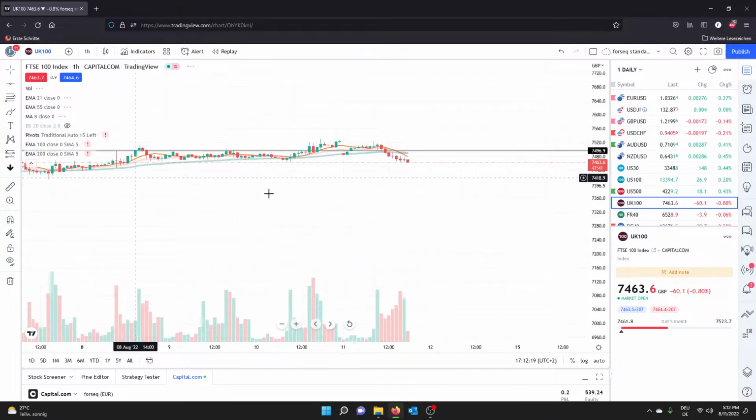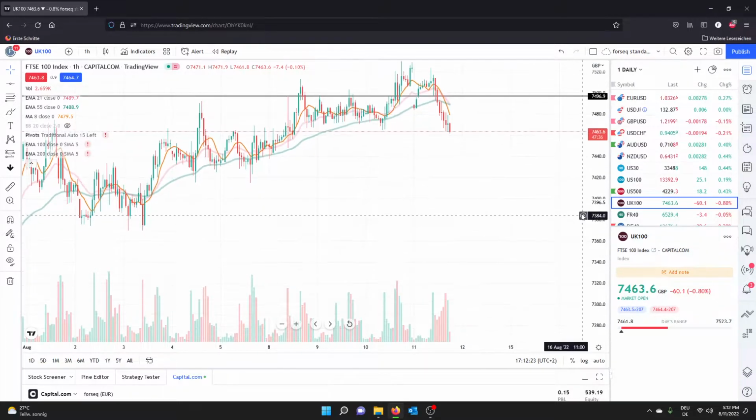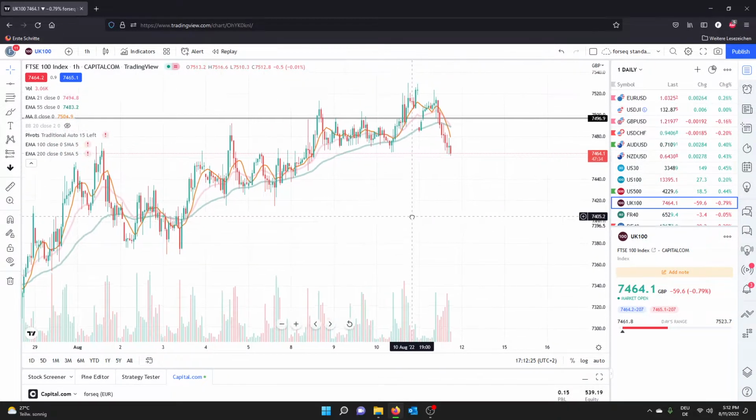So yeah, I think I would wait. But we see here that the price broke this last low. It broke all the moving averages, and it's now under the moving averages.